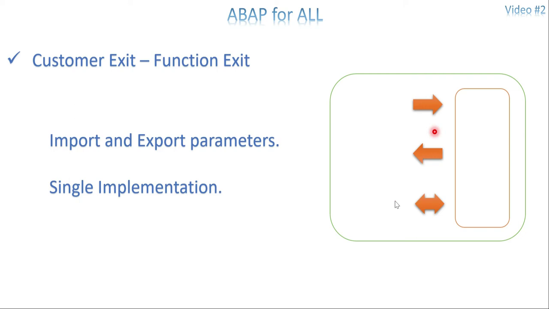So if there is an enhancement, it has a component called function module or function exit. It's already implemented. What you can do is use the same Z include program for your own coding also. So that is called single implementation. So I'm going to write my own code. Yes, you can do it, but inside the same include.